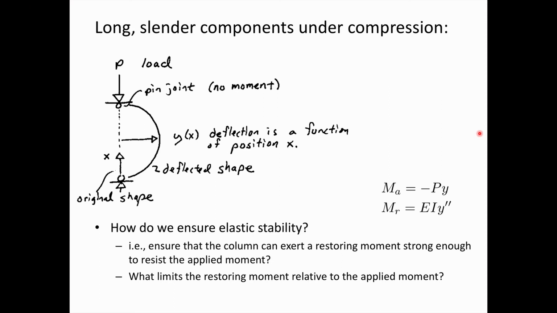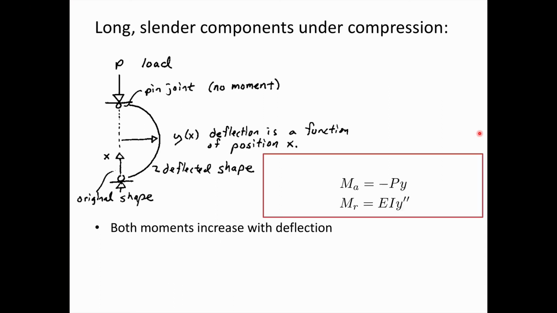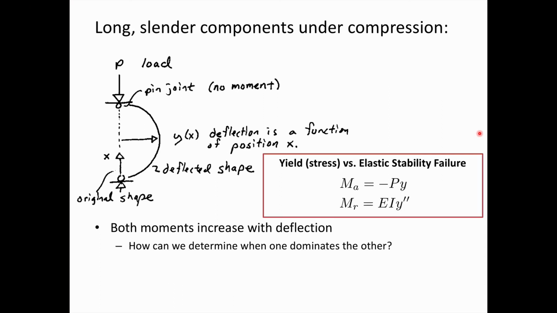But the restoring moment depends on E times I, which characterizes the bending stiffness of this column, and then the curvature of the column. So we need to figure out how to determine when one dominates the other.